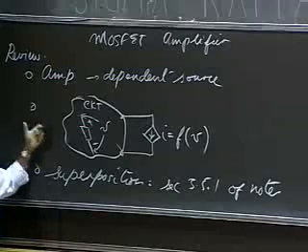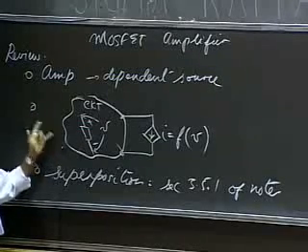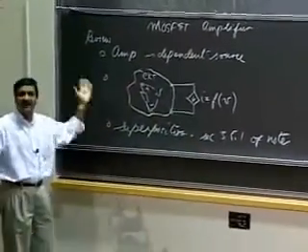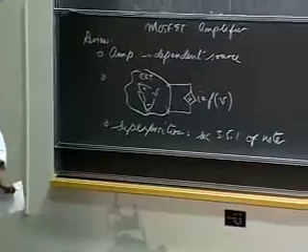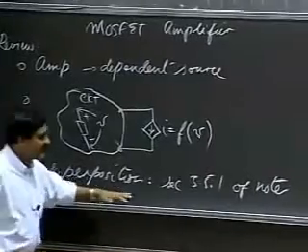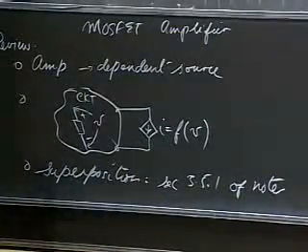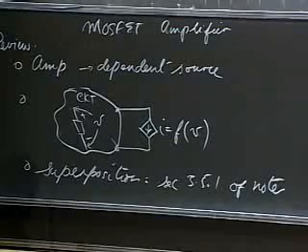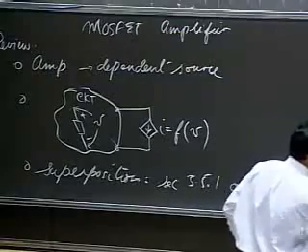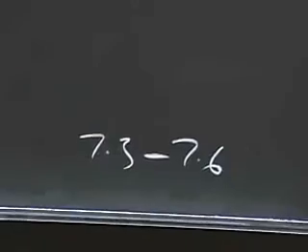So look at the response of the circuit by turning on your independent sources one at a time and summing up the responses. And your dependent sources stay within the circuit, and simply analyze them as you do anything else. Okay, so essentially what it says is that just be a little cautious when you have dependent sources, but the basic method applies almost without any change. The readings for today's lecture are section 7.3 to 7.6.